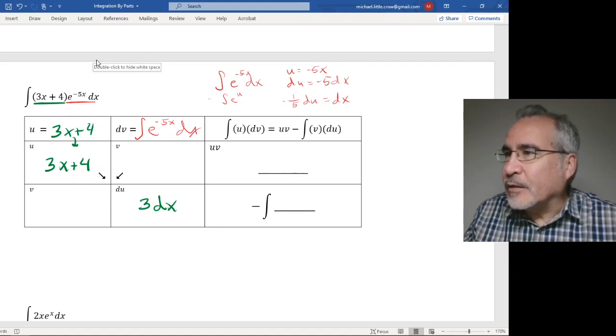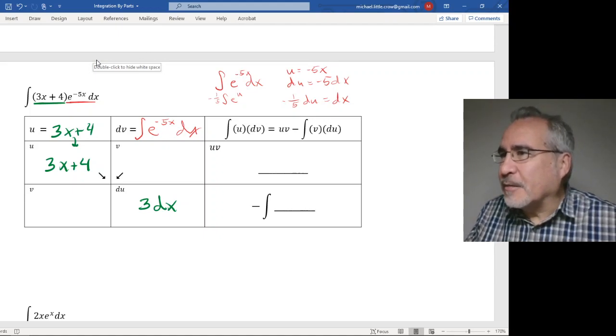This just integrates as e to the u times negative 1/5, or over minus 5, and then you back substitute.